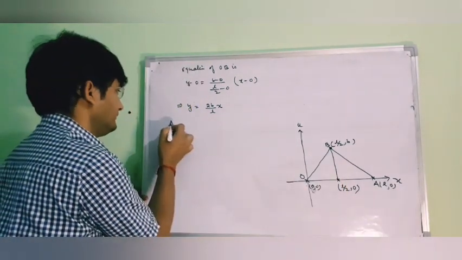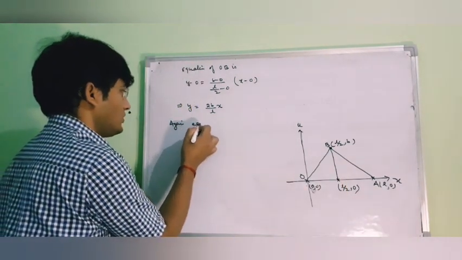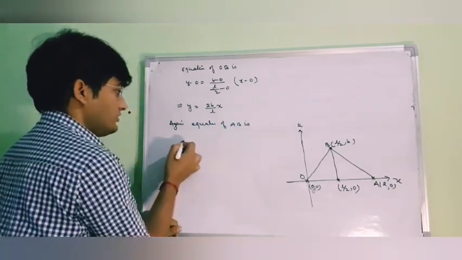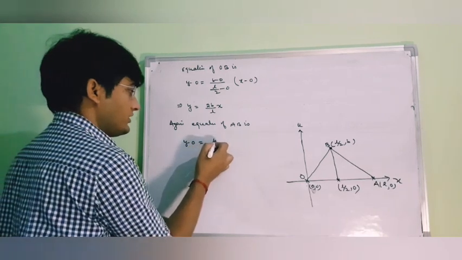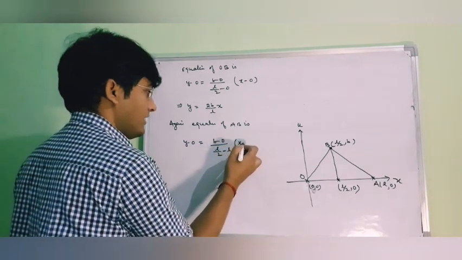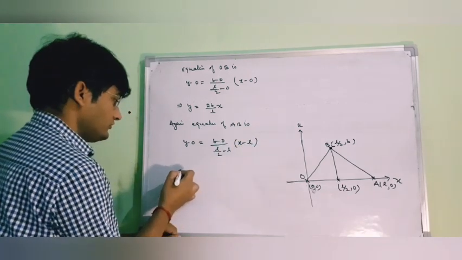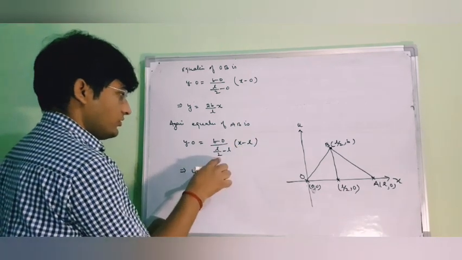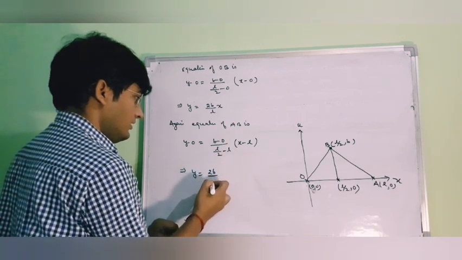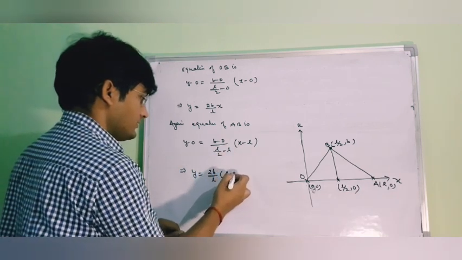Again, the equation of AB is y minus 0 equal to y2 minus y1 upon x2 minus x1, then x minus x1. So this will be y equal to 2b upon L, then L minus x.